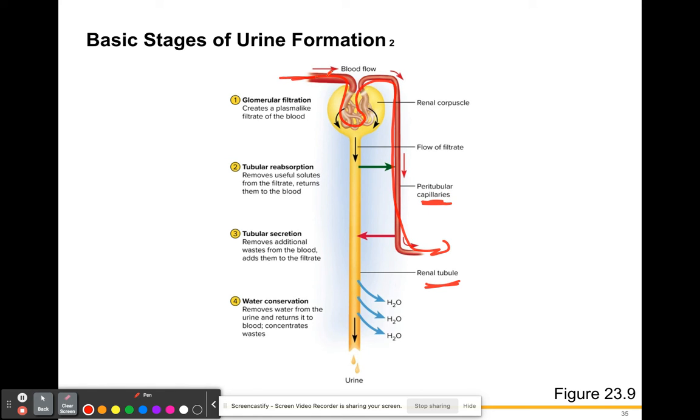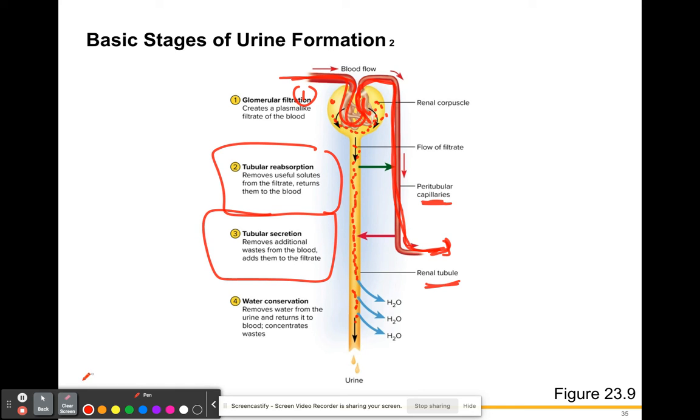So this blood flow enters the glomerulus, gets filtered, and then gets put back into this peritubular capillary. And what's removed here is our filtrate. So that was step 1. And now this filtrate is going to go down our PCT, our loop of Henle, and our DCT, which is going to deal with tubular reabsorption and tubular secretion.